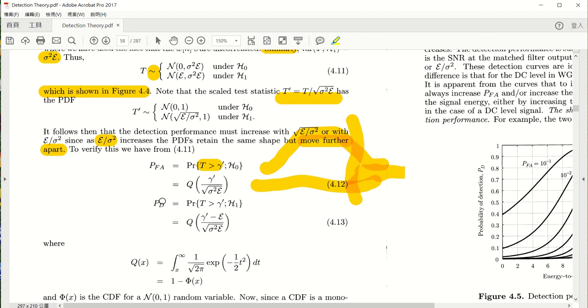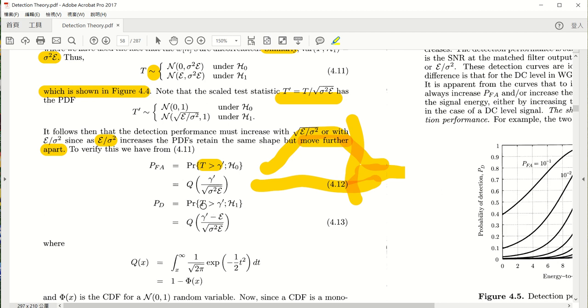And then PD again is T larger than this gamma prime, conditioned on H1. However, for T conditioned on H1, it actually has a mean of epsilon.